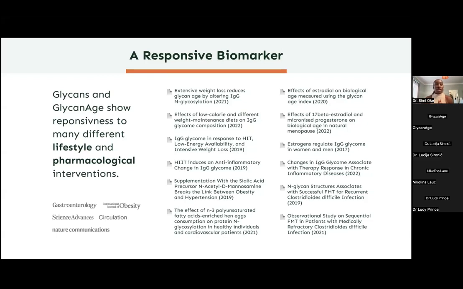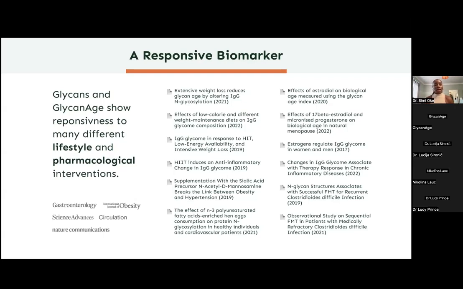We have a significant body of research which shows that glycans are responsive to both lifestyle and pharmaceutical interventions. For example, looking at various supplementation, the effect of hormone replacement therapy, as well as low caloric restriction and high intensity exercise. This is all information we have. And when we implement these changes, we can actually see those glycans change.